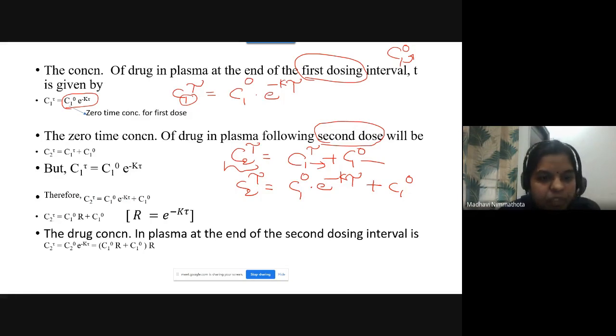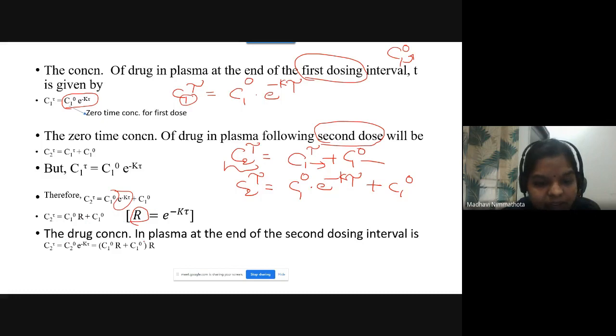Then instead of writing e to the power of minus Kt, we can write it as capital R. When you remove this exponential form with repetitive IV injections, you can write e to the power of minus Kt as capital R: C10 R plus C10.